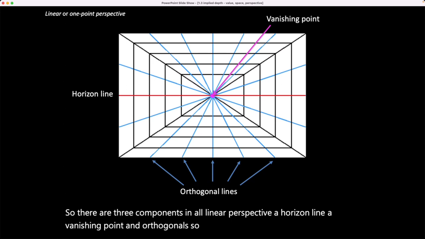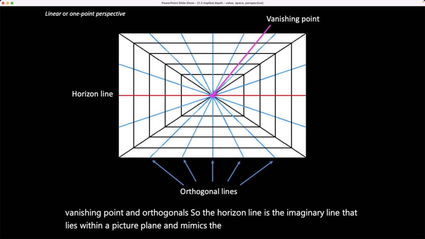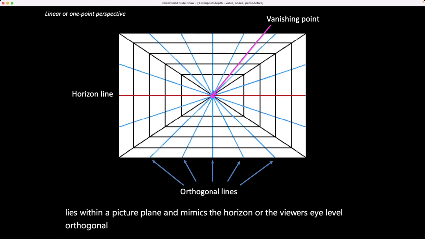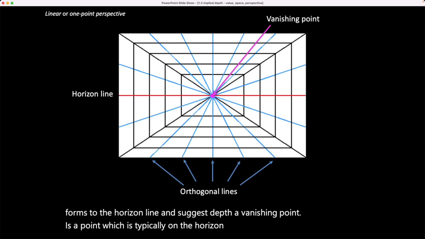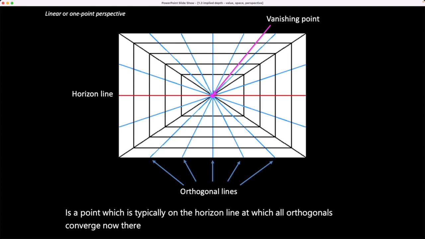The horizon line is the imaginary line that lies within a picture plane and mimics the horizon or the viewer's eye level. Orthogonal lines are imaginary parallel sight lines that can be traced from forms to the horizon line and suggest depth. A vanishing point is a point which is typically on the horizon line, at which all orthogonals converge.